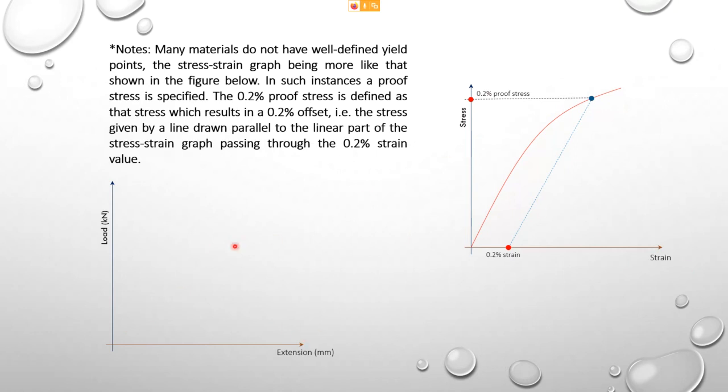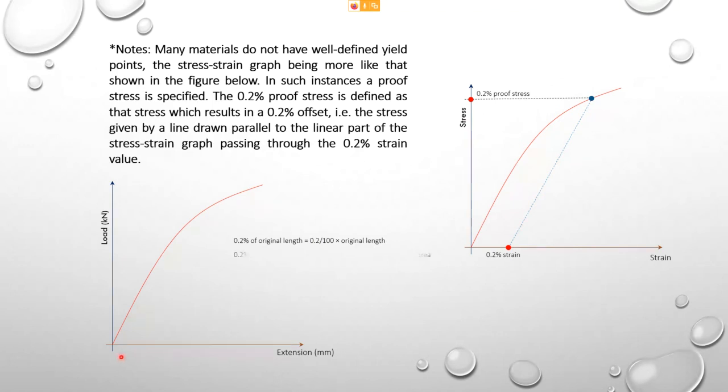This is stress against strain. This is force in kilonewton against extension in mm. So what you have is the same curve here. Now, when you say 0.2%, that means you take 0.2% of the original length. Let's say the original length is 100 mm. So you have 0.2 over 100 times 100, which is actually 0.2.